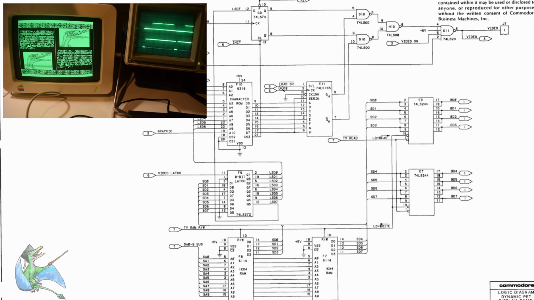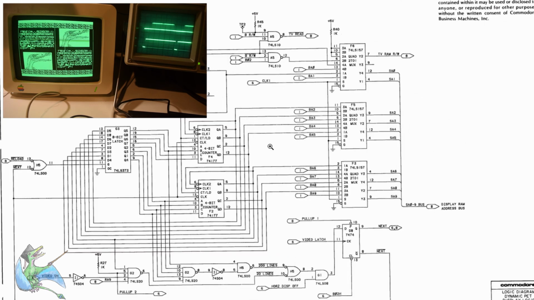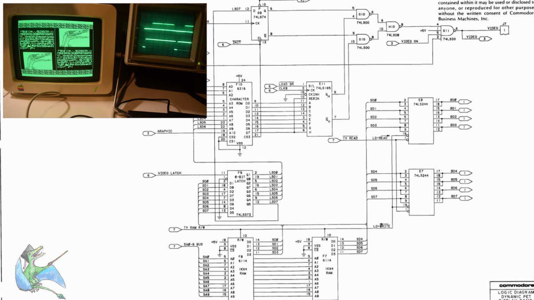So that's this circuitry over here that does that counting, but we don't need to worry about it. We just know we get an address, it's read in here. There's a pulse that tells the chips to output the memory at that location.